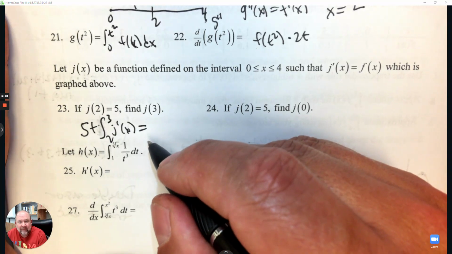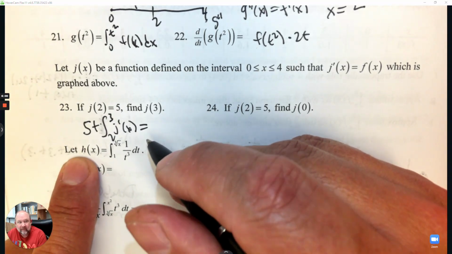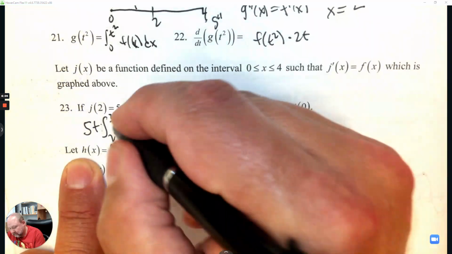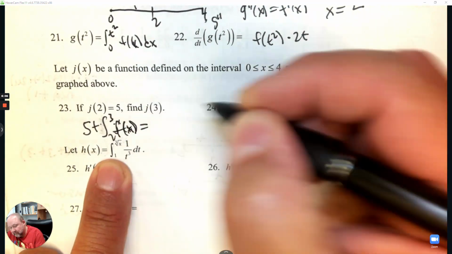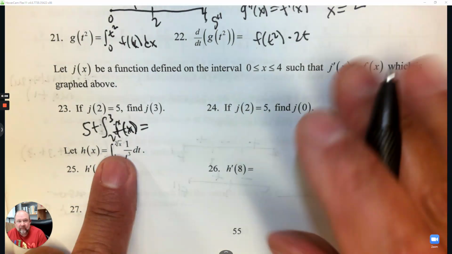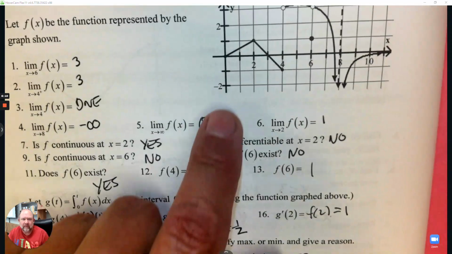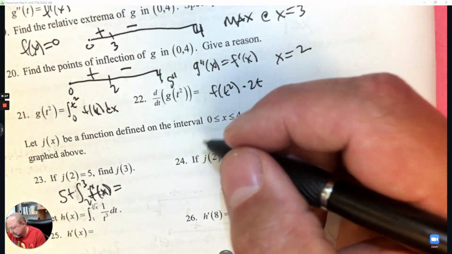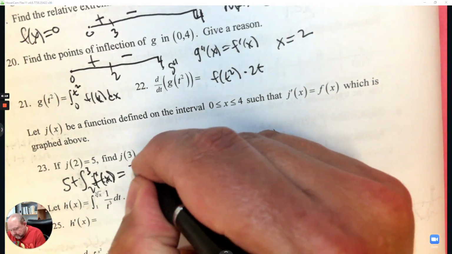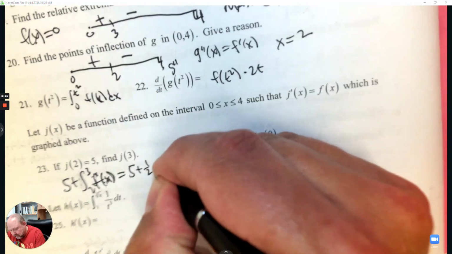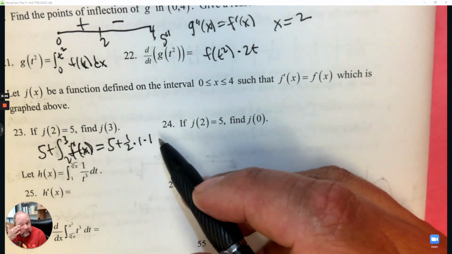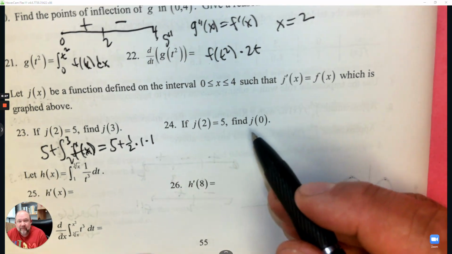So when I integrate this, I just need to find the area from 2 to 3. Did we already do that? So the area from 2 to 3, just a little triangle, that's 1/2, right? Times 1 times 1. That's 1/2. So the triangle, 1/2 times 1 times 1 is just 1/2, so it's 5.5.